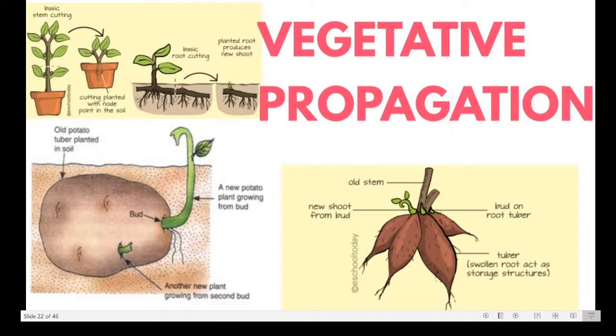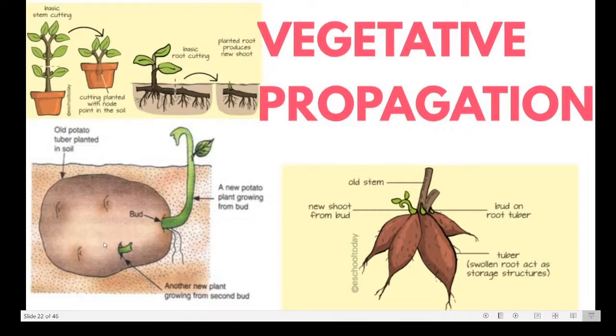This is one kind of image of vegetative propagation. Here you can see the next plant comes through another part of the root. This is root extension, and that root extension helps to propagate another plant. Another type is potato.